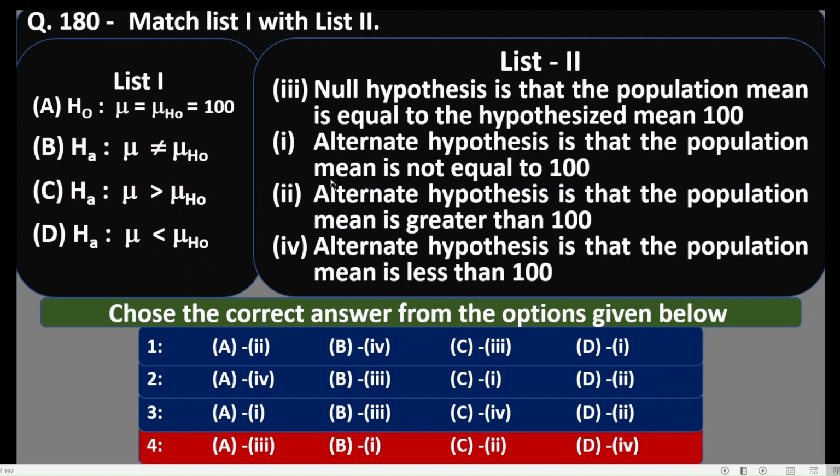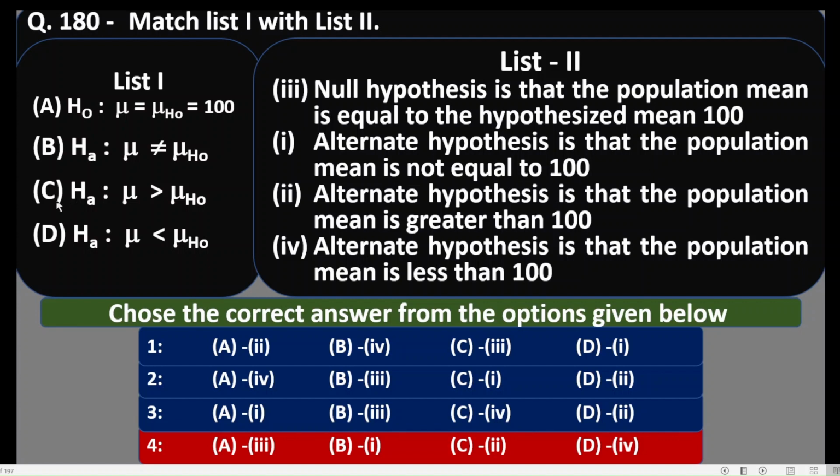And in B of list 1, it is given in terms of alternate hypothesis because HA is written there, and the assumption is made that mu is not equal to mu 0. So alternate hypothesis that the population mean is not equal to 100. 100 is our hypothesized mean.